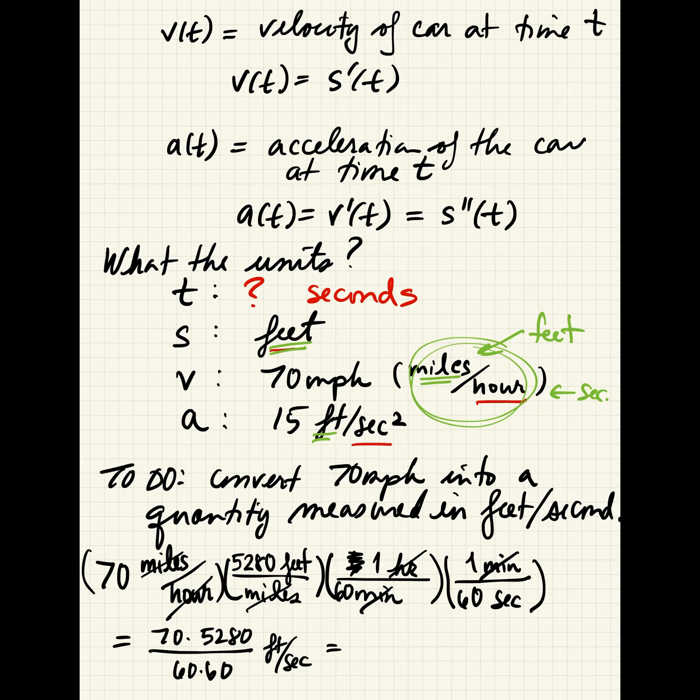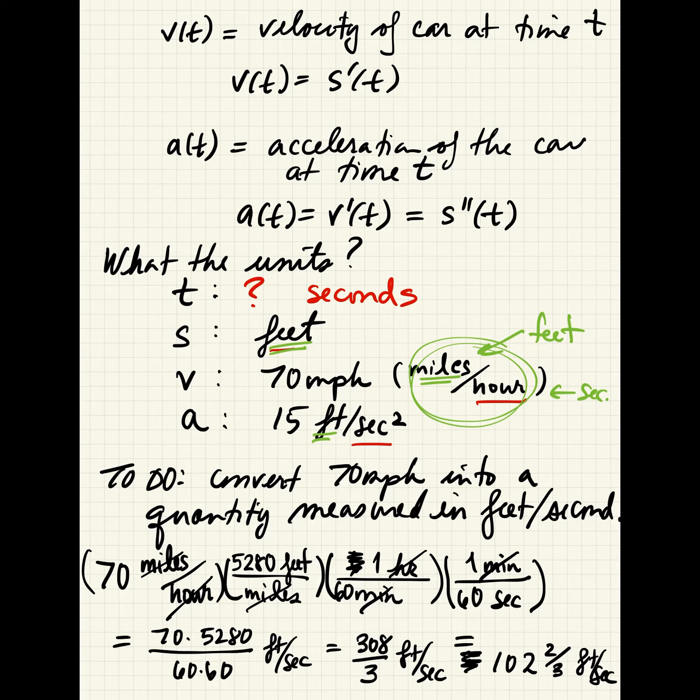I did it in a nerdy way I won't bore you with, but you can reduce this to 308 over 3. And that's exactly equal to 102 2/3 feet per second. So that's how fast the car is traveling.